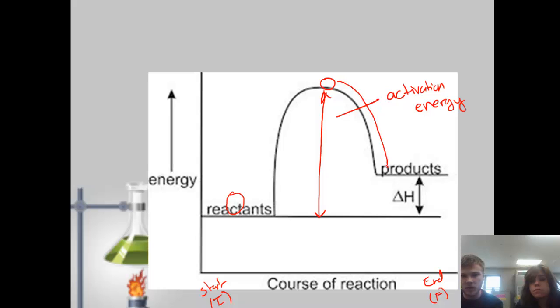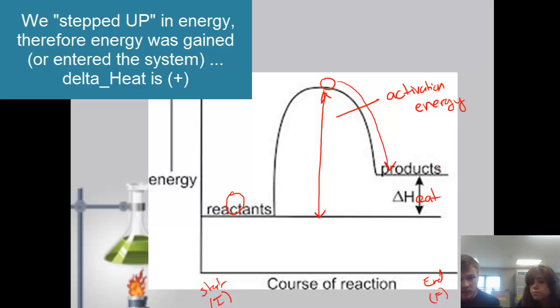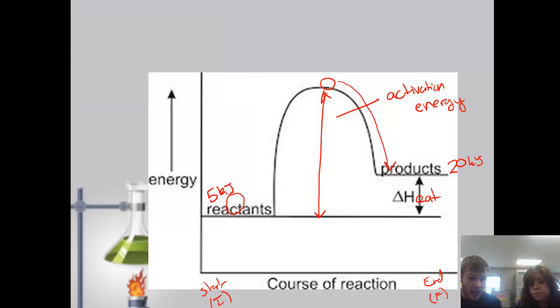But whoa, it doesn't go all the way down. No, so your products are at a higher energy than your reactants. So the change in heat overall is positive. Let's say this final heat value is like 20 kilojoules, and the initial is 5 kilojoules. The change in heat is going to be 20, which is your final, minus 5, which is my initial.